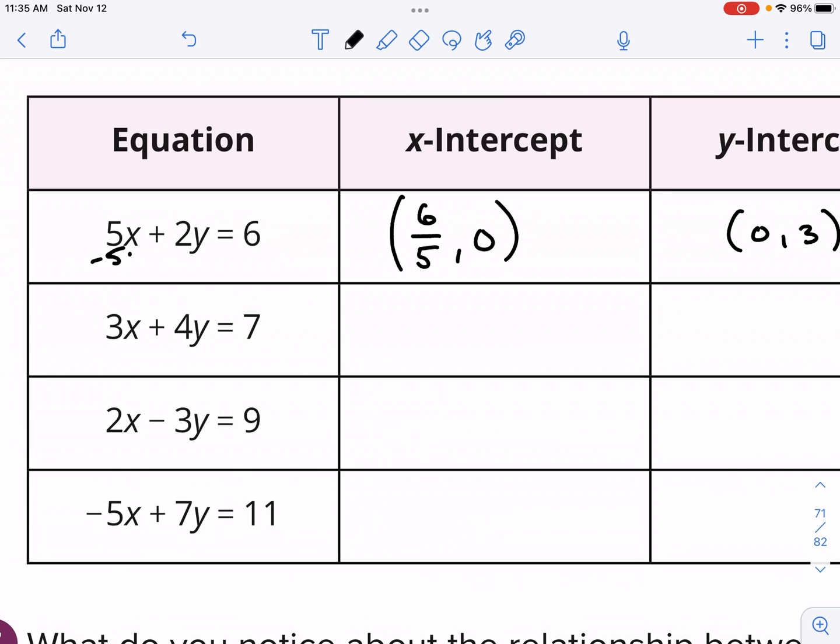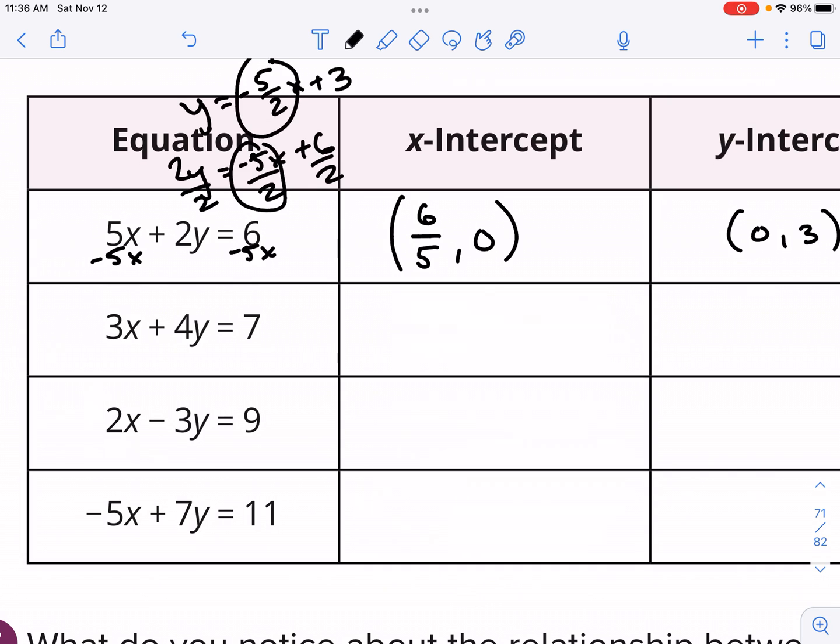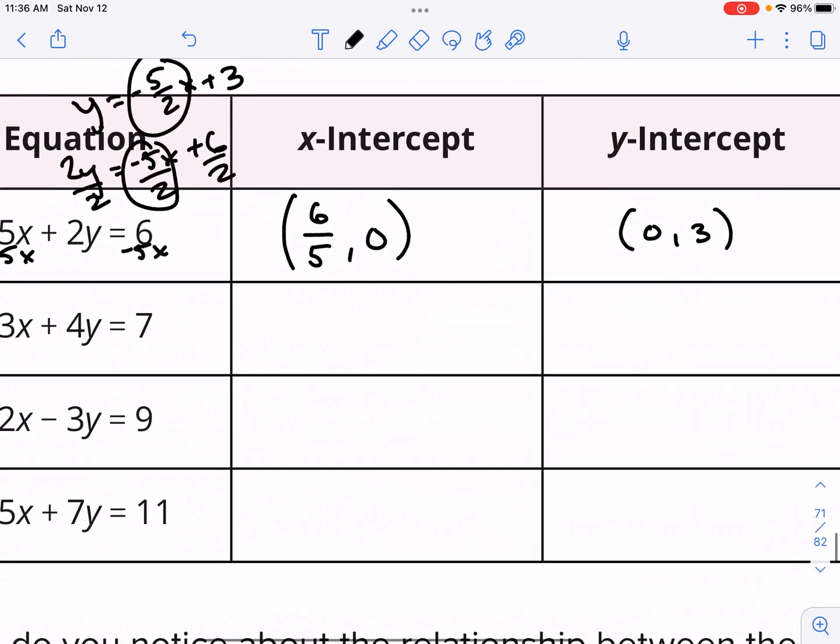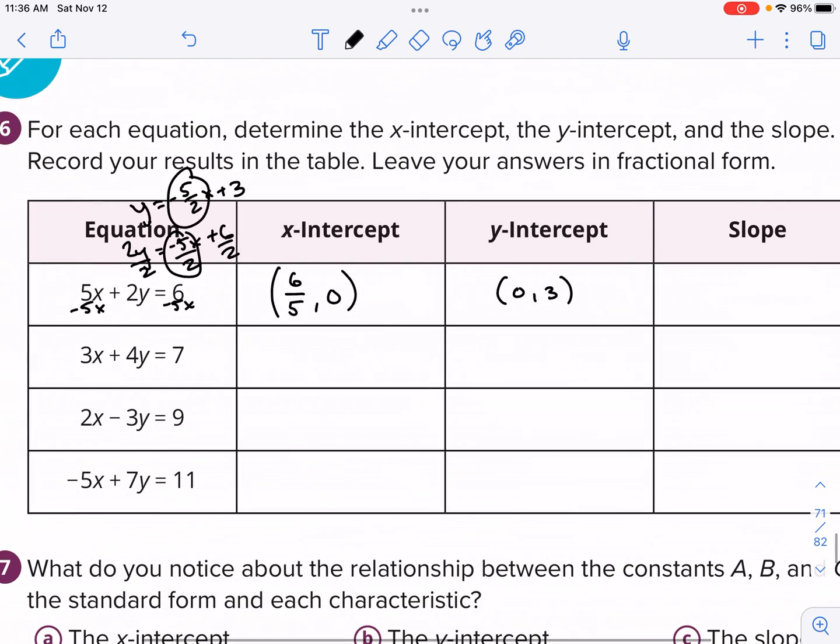So 5x minus 5x, that would be 2y equal to negative 5x plus 6. And if you divided both sides by 2, this is the slope right here, because that would be y equal to negative 5/2 x plus 3. So in this case, it's negative 5/2. So I'm going to put m equal to negative 5/2.